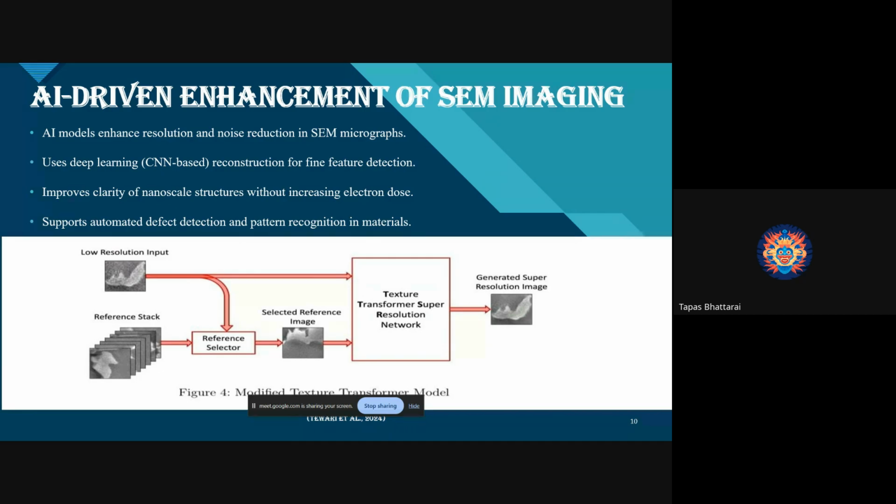Both the selected references and the low resolution input are then fed into the texture transformer super resolution network, which is a deep learning CNN.